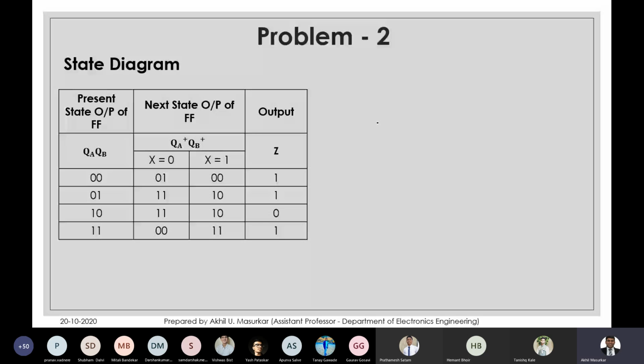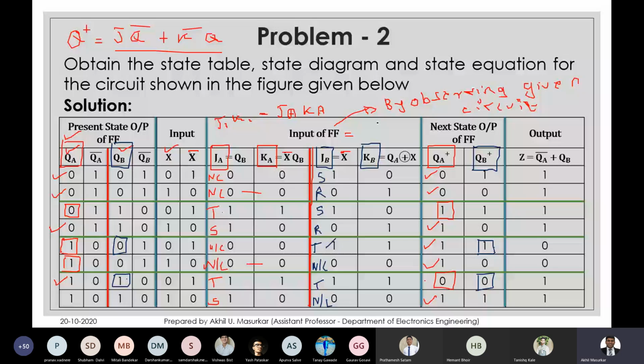So I'll just identify one for you. So you can see here, I'm just rubbing something from this table. Okay. So just look here now.